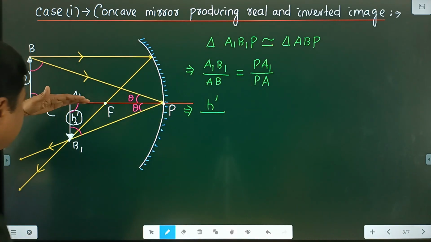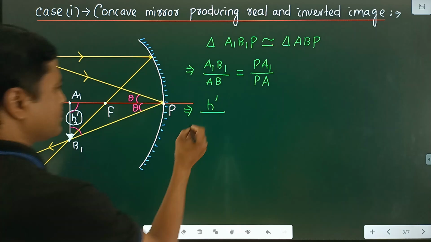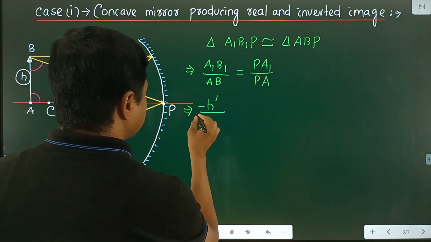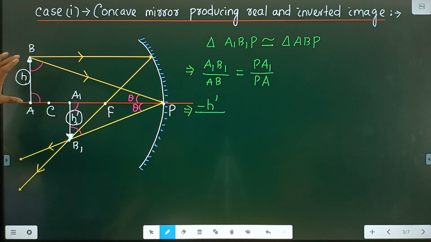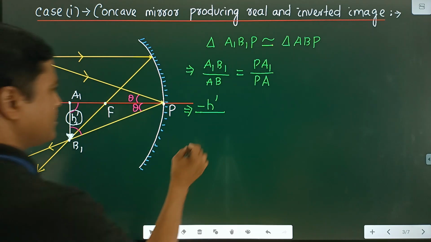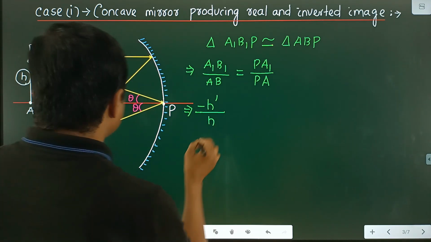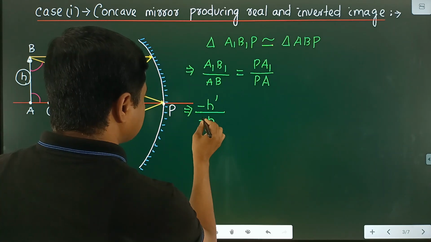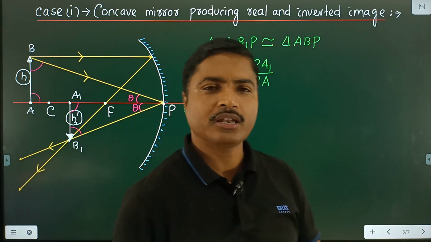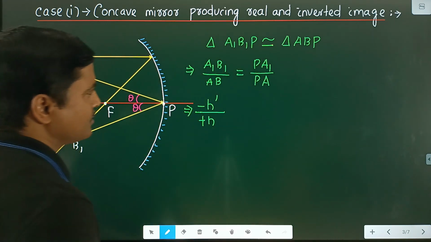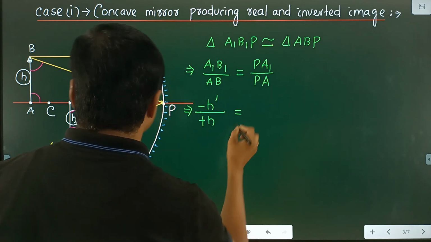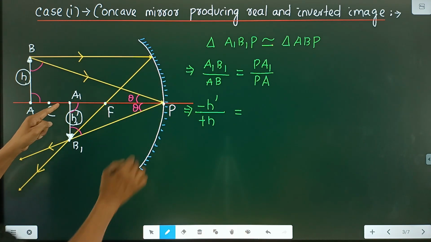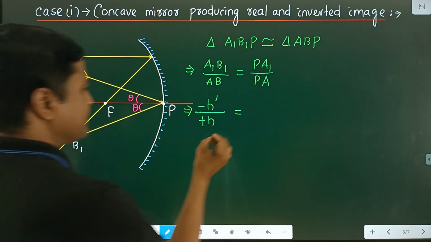The image is situated below the principal axis, so that is minus h prime. And for AB, the size or height of the object, we write h, and the object is situated above the principal axis. Above the principal axis means the sign is positive. Clear? That implies PA1, at point A1 the image is there, so P to A1 is the image distance.